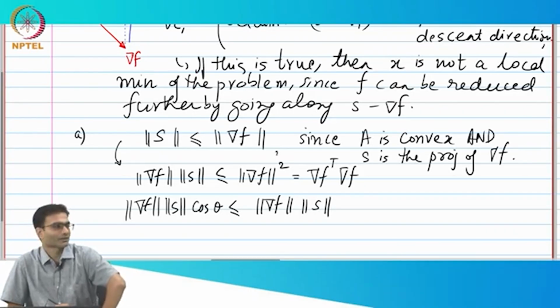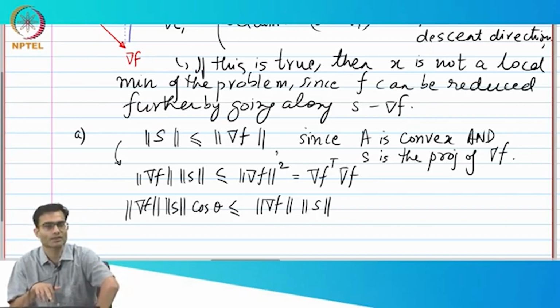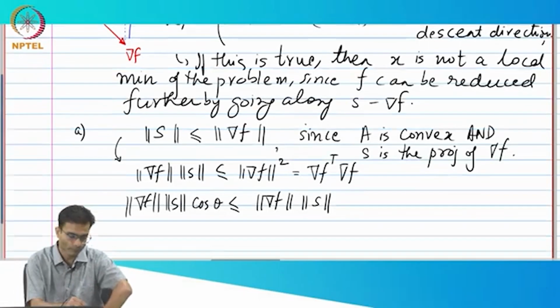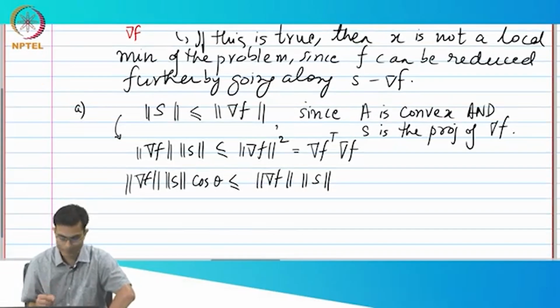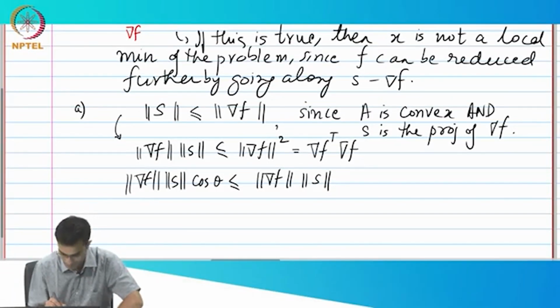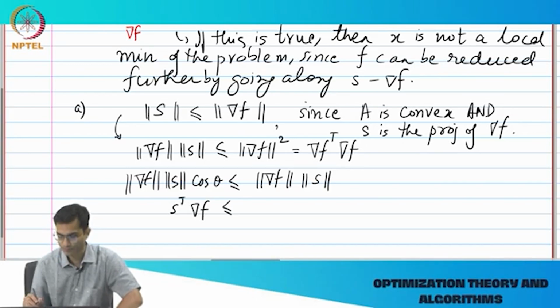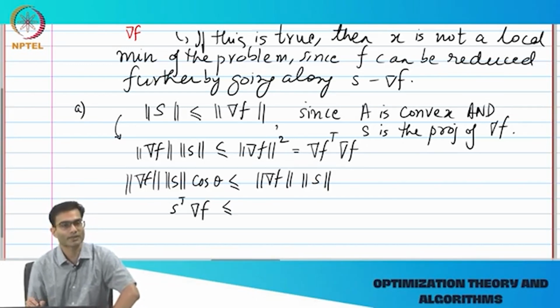Now, this sounds like some funny exercise I am doing, just multiplying numbers on the left and on the right, but can I choose theta to be the angle between grad f and S? Up to me. So if I choose it, what does the left hand side become? Grad f transpose S, right? So I can write this as S transpose grad f, and the right hand side becomes grad f transpose grad f.